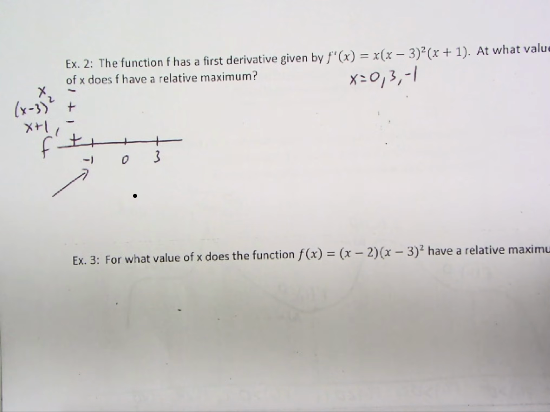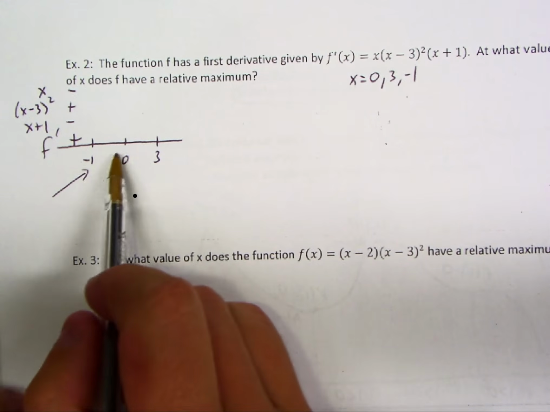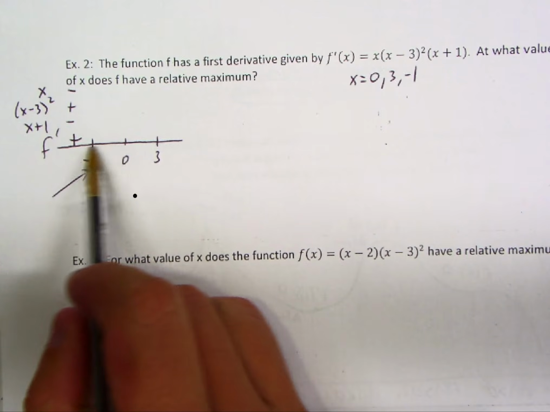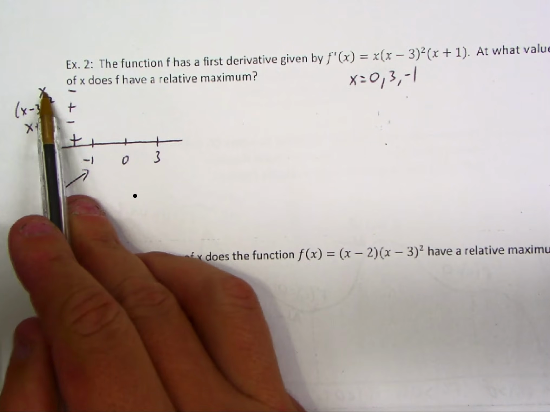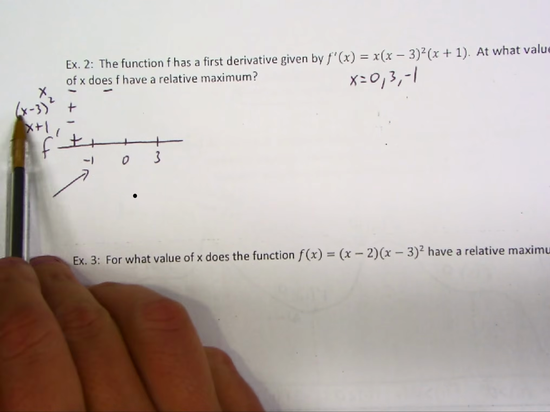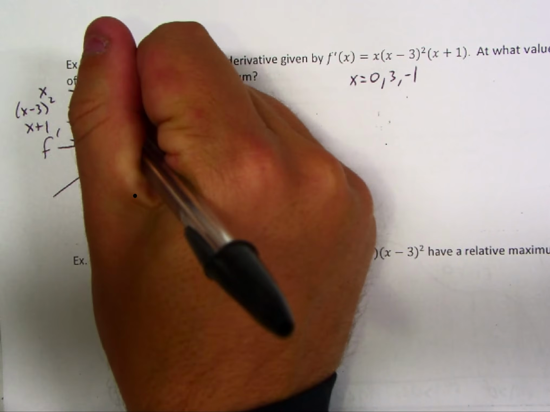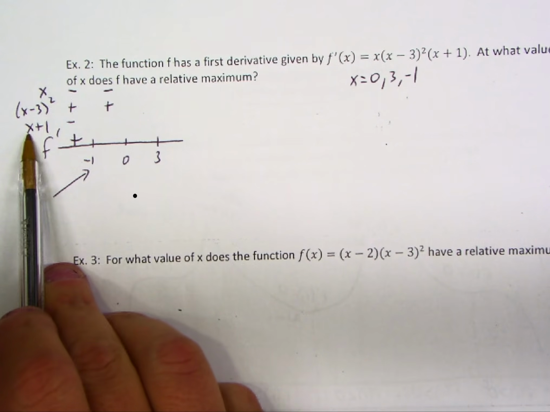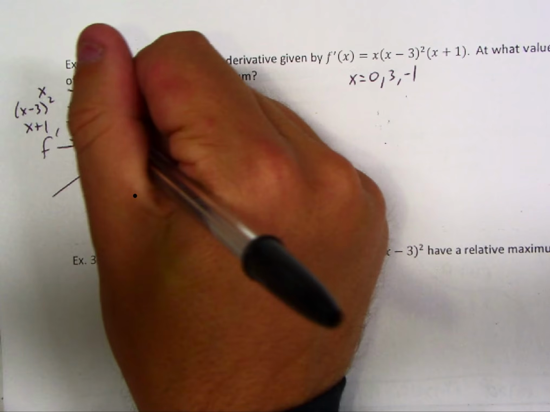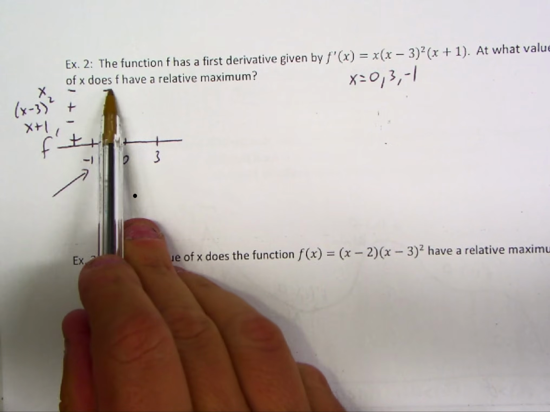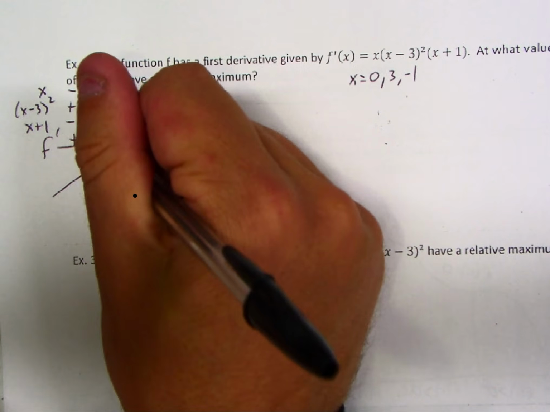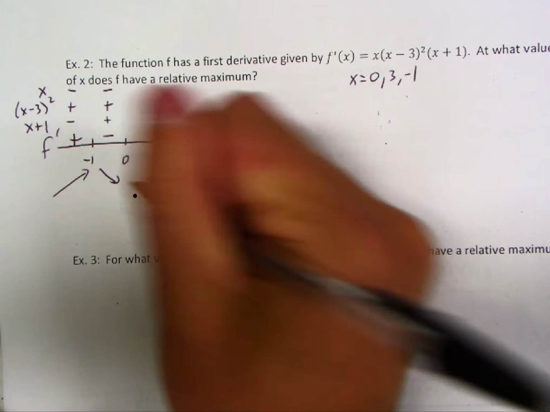F would be increasing. Then I'm going to plug in -1/2 in this interval. So this would be negative. This is always positive. -1/2 plus 1 is positive. And if I multiply a negative, positive, positive together, I get a negative. So again, we're just doing sign analysis.